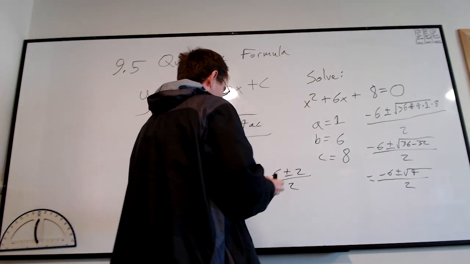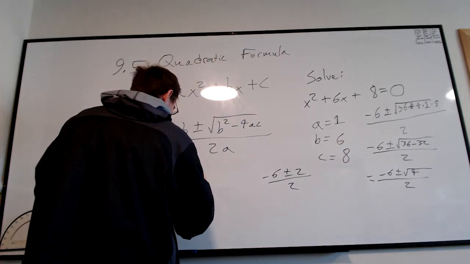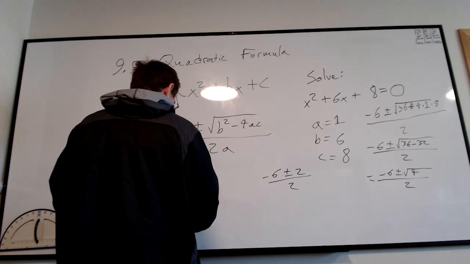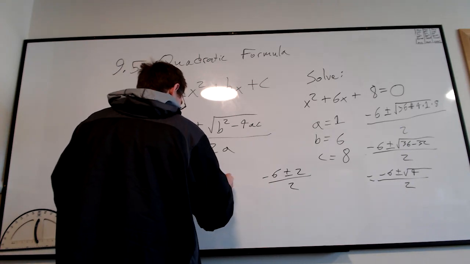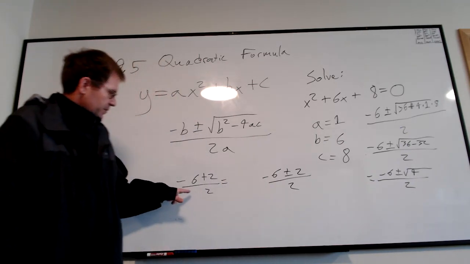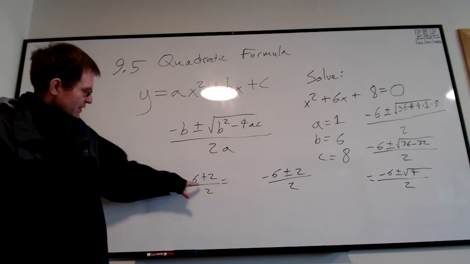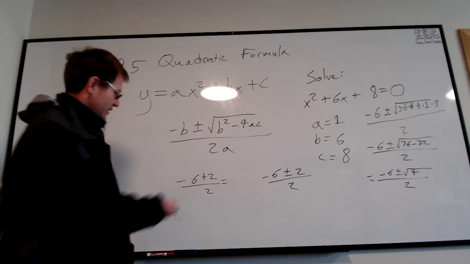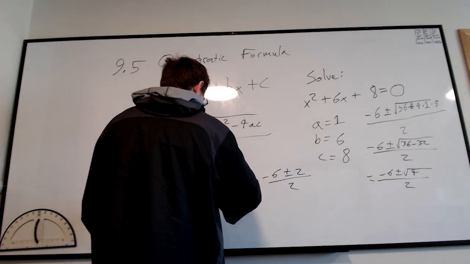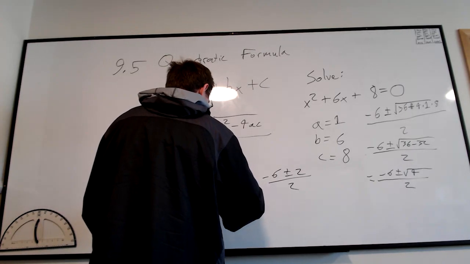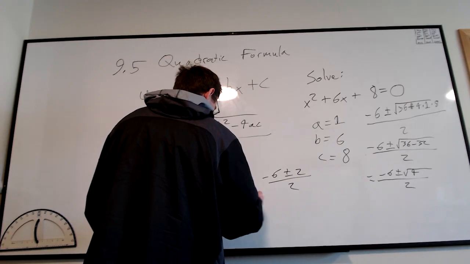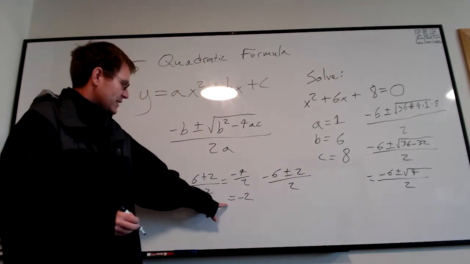Okay, so we'll break this out then. So we've got negative 6 plus 2 over 2 equals, so that would be negative 6 plus 2, so that's negative 4, negative 4 over 2, which equals negative 2, right? So that's one answer.